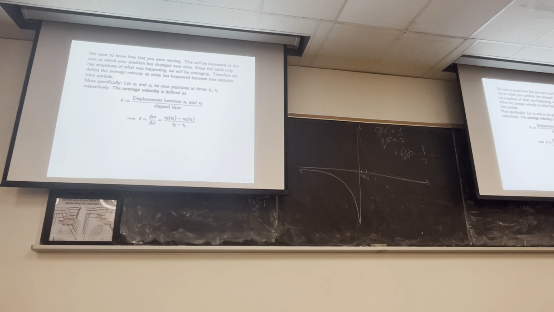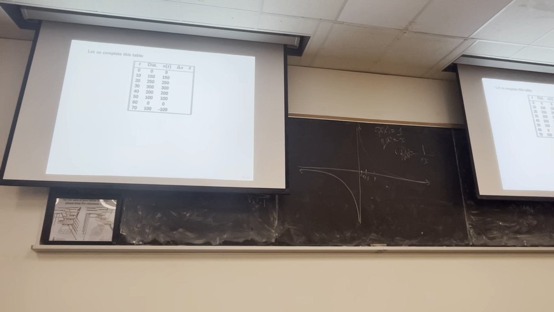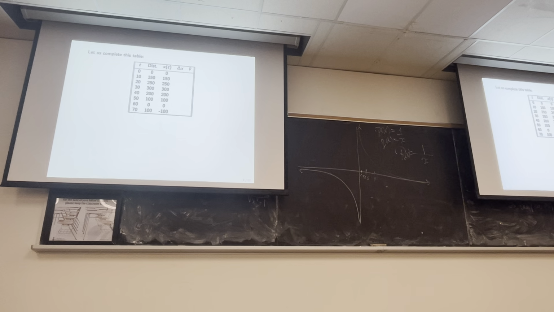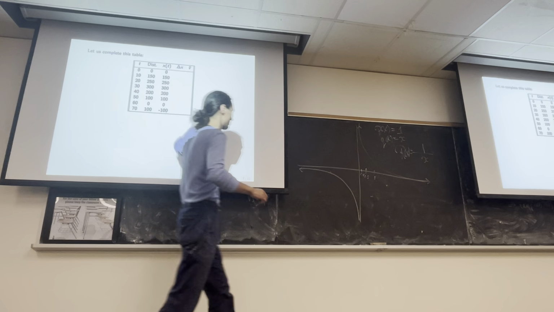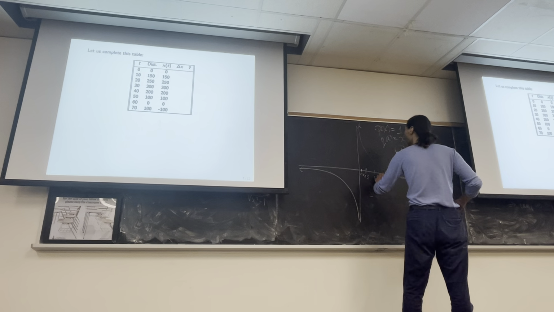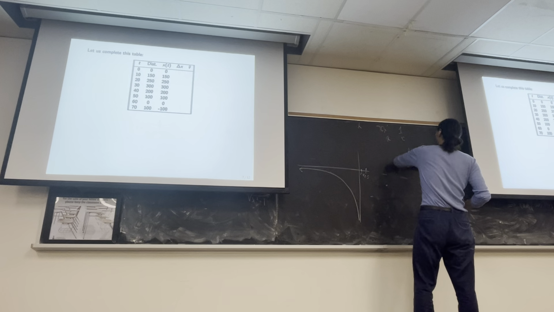All right, very good. So now we can fill up our table. Let's try to fill up these v bars. We have the del x's, and all we need now are the v bars.